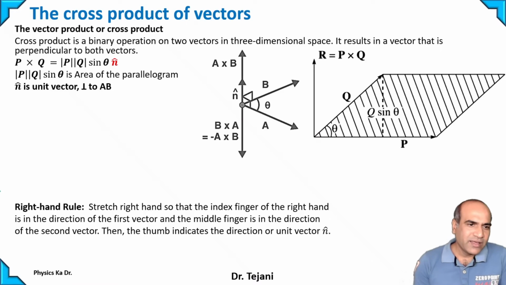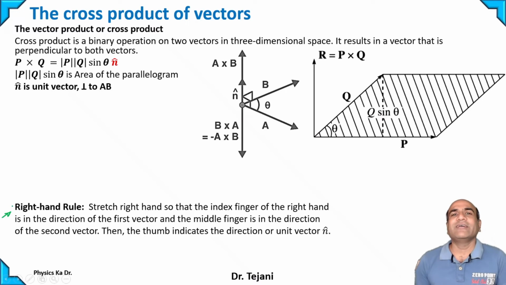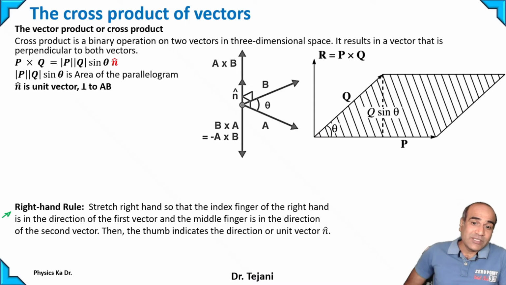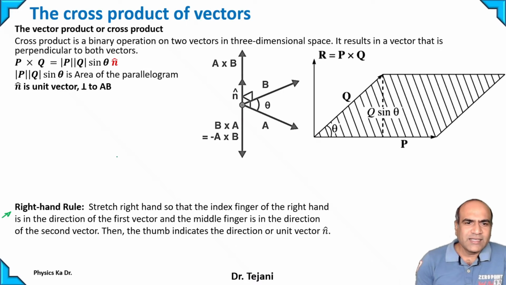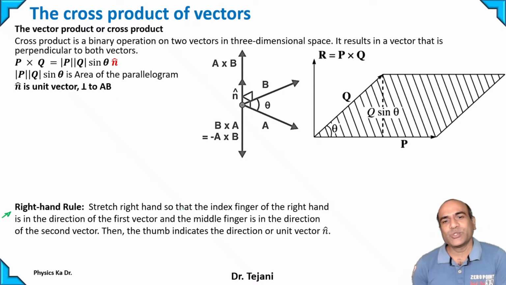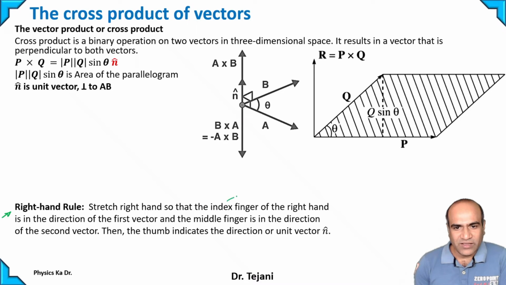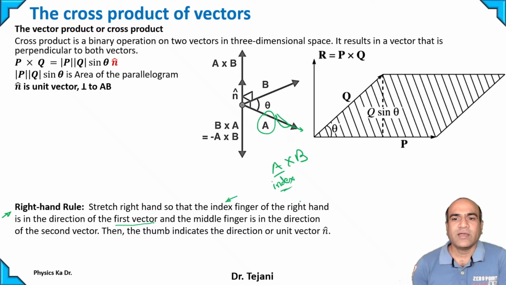And for that, the right hand rule is useful. So what does it say? Stretch the right hand so that the index finger of the right hand is in the direction of the first vector. If you are measuring A cross B, the index finger should be in the direction of A, right?